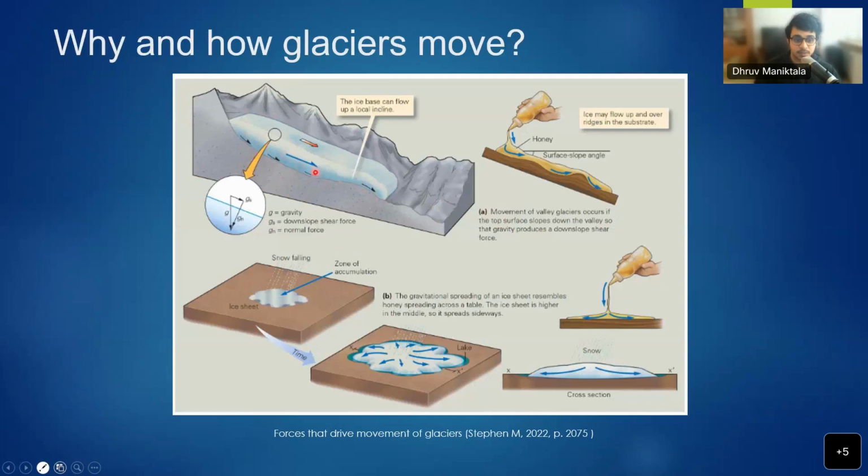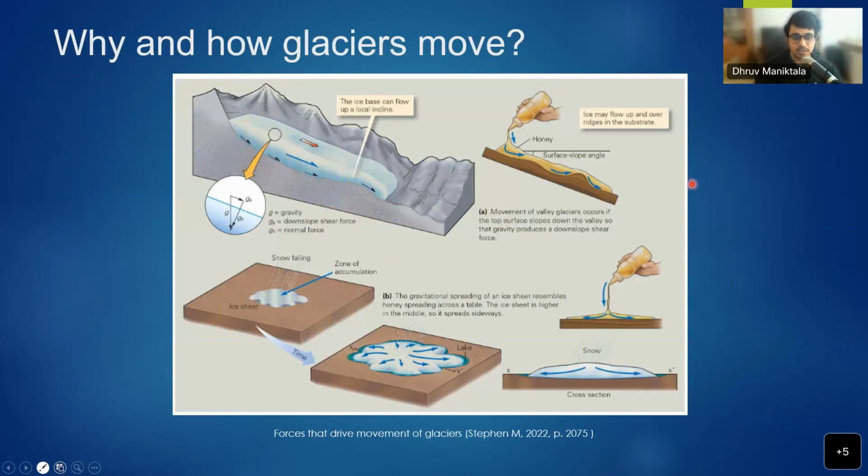Also, the base of the glacier is rocks and sediments, so it starts melting first. Because of the formation of a slight liquid layer, the glacier starts to slide over it.